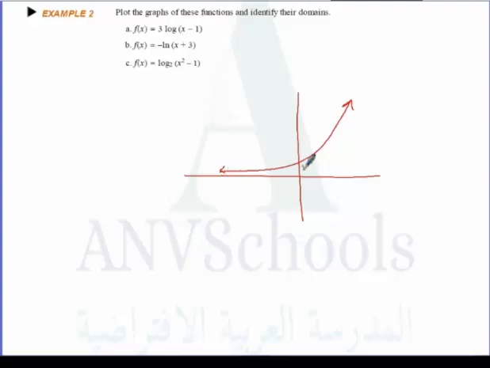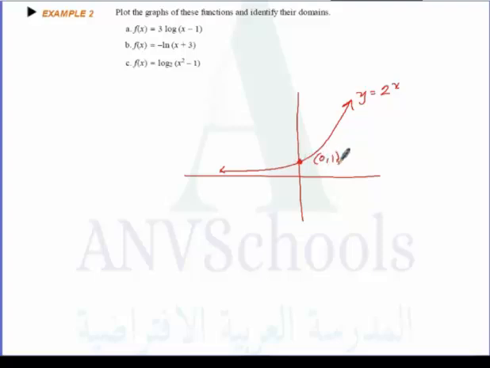So in this case, let us say this is y is equal to 2 raised to x. This function crosses the y-axis when x is 0, so y is 1. So this is the point 0, 1.